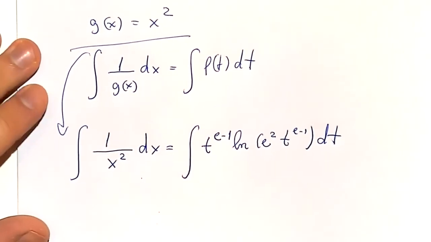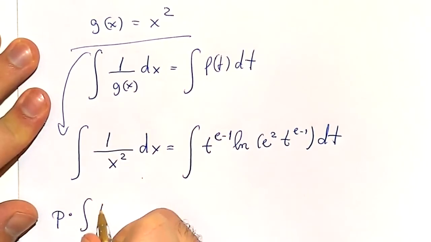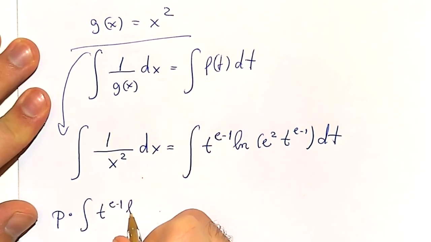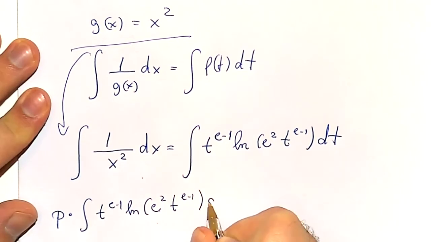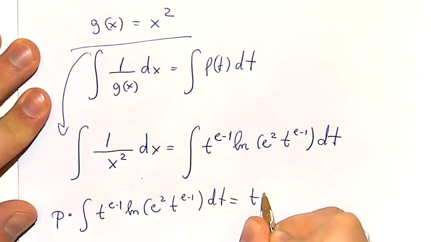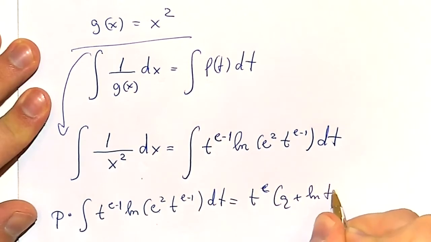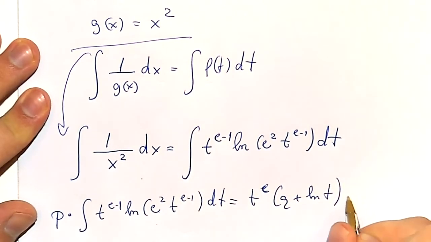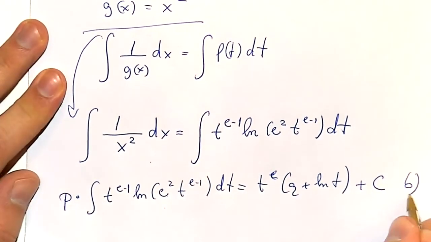And I know the fact that P multiplied by the integral of t^(e-1) log(e^(t^e)) dt is equal to t^(e) q plus log of t. You literally copy it like a text. It doesn't matter to you. You know this from part B.